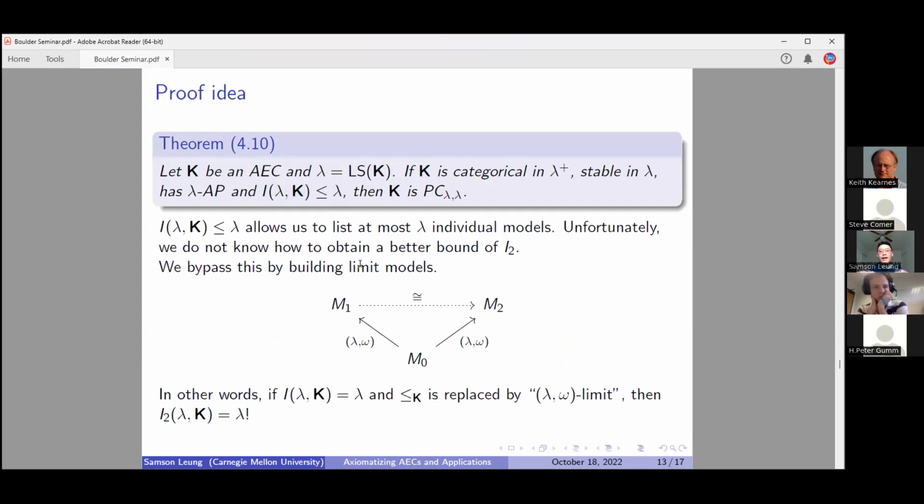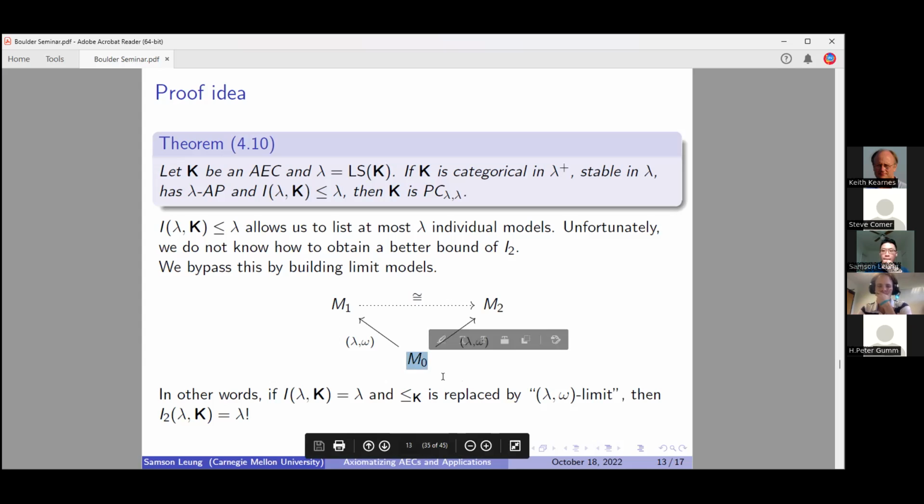Now, what about the second part of the proof idea, where we talk about the directedness of the small models? This time, I don't want to just say there's a bigger model that dominates the two small models. I want to have a special relationship between the bigger model and the smaller model. So let's fix a small model first, let's say it's M0.